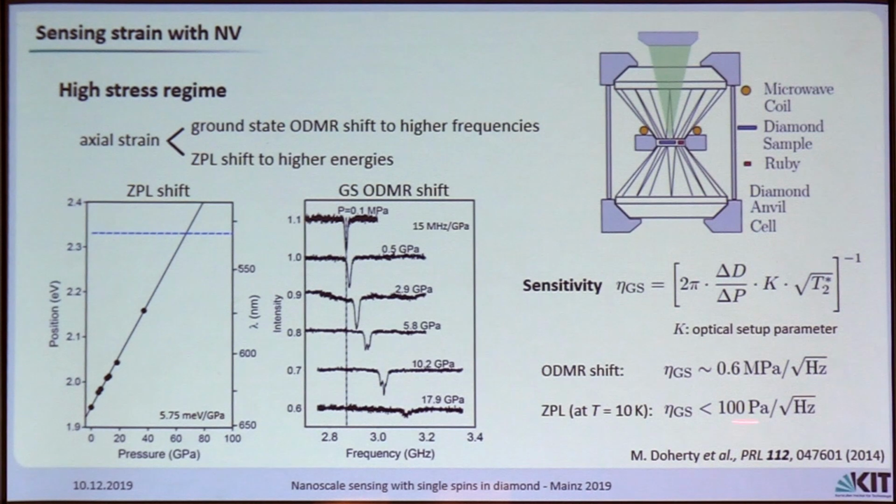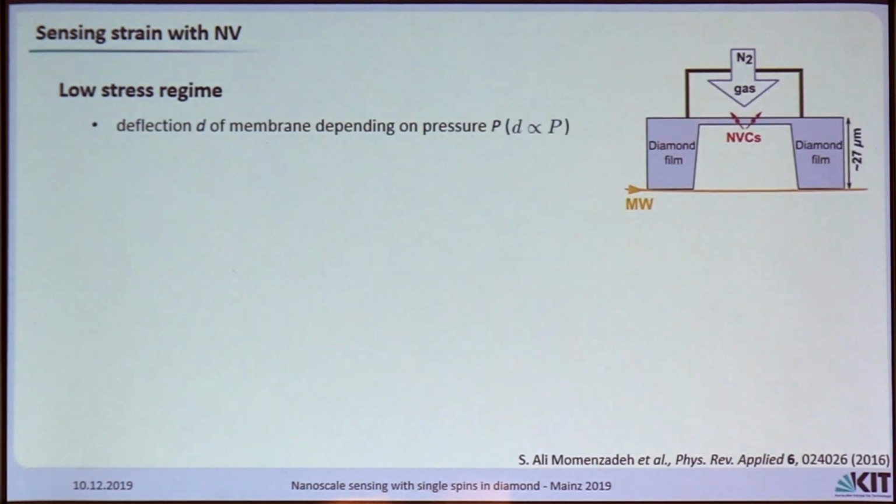In the case of the ODMR shift, the sensitivity is still quite bad. It's only 600 kilopascal per square root hertz. And in the case of the ZPL, especially if you go down to low temperatures, you can reach below 100 pascal per square root hertz. So that's already quite sensitive.